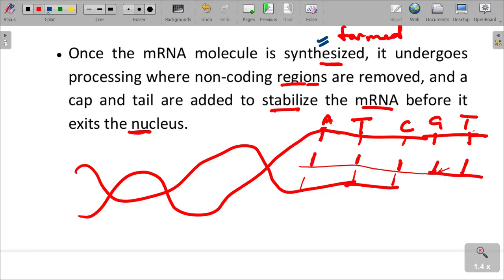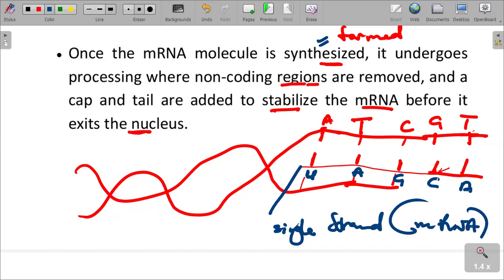With U. So we are going to have our U here, and then T pairs with A. We have C here, which pairs with G. G pairs with C, and then T pairs with A. These nitrogen bases written in blue are the ones found on the single strand, which is the mRNA. It is mRNA that is formed there, the single strand.